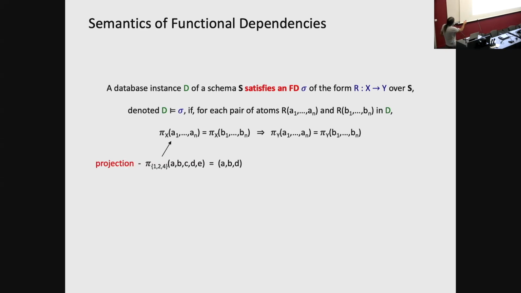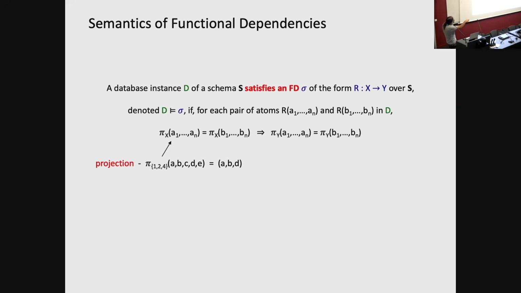A database instance D, and from now on, whenever you see green, it refers to a database. So we have this color scheme here. A database instance D of a certain schema satisfies a functional dependency of this form, and I will denote that from now on using this notation, D satisfies sigma, if the following holds.